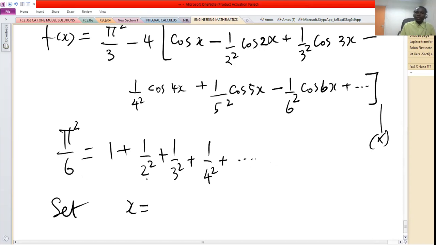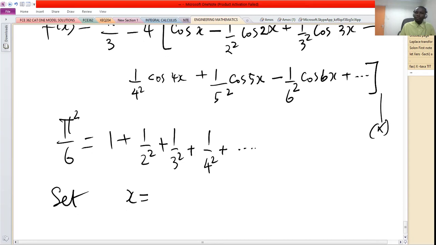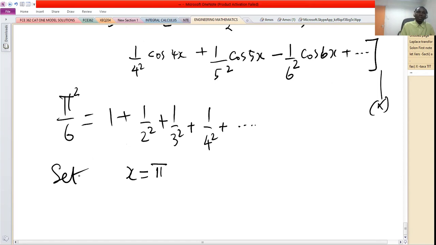Set x equals to pi, so that we have f of pi. So in that alpha equals pi squared.